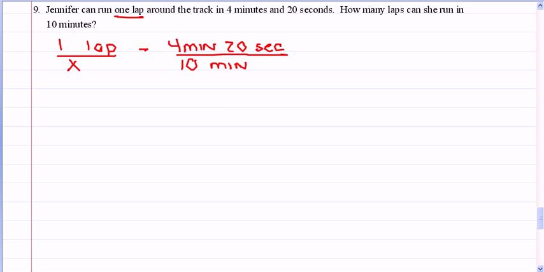And here's my fraction. So I have 1 over x equals, now this 4 minutes and 20 seconds, we have 4 minutes plus 20 out of a possible 60 seconds, because we have 60 seconds in a minute, is the same as 4 plus 1/3.